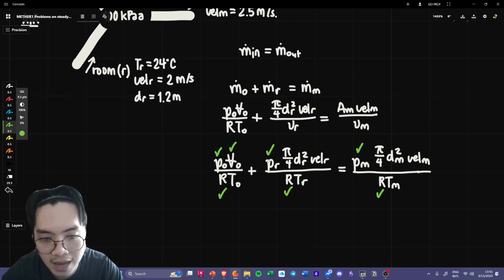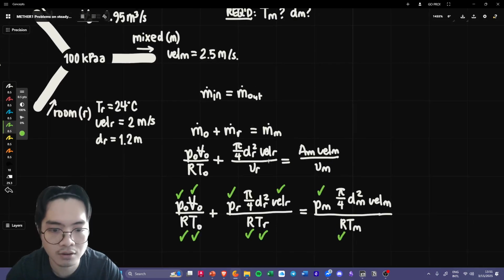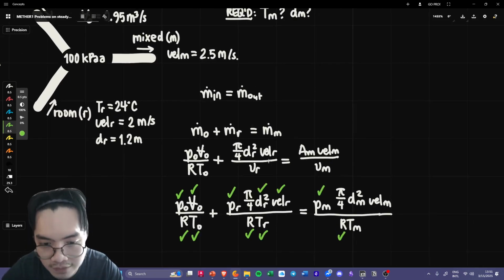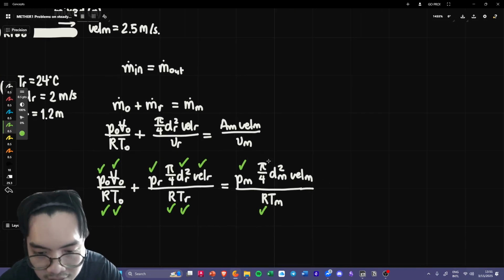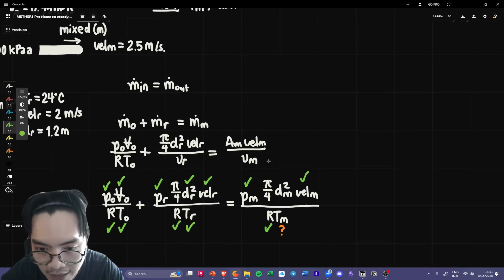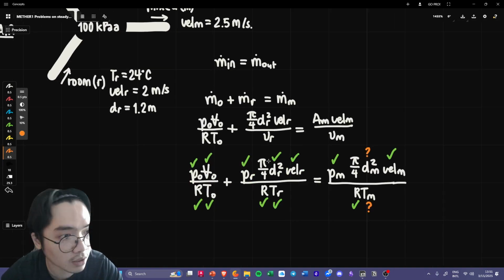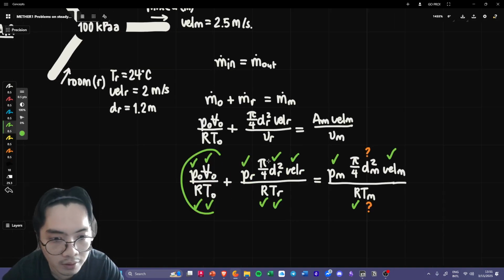You have a value of TO and TR. You have a value of LR. You have a VLR. You have a value of DR. So now what remains is, what is the value of TM? I don't know. I do know the value of VLM, and I don't know the value of DM as well.